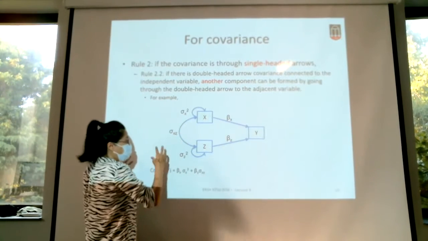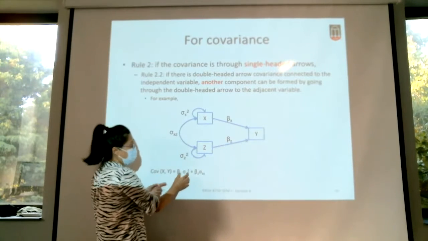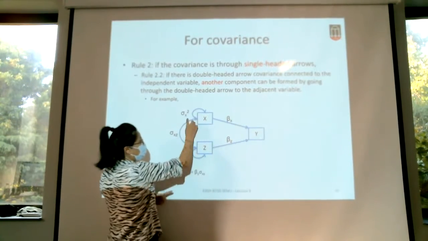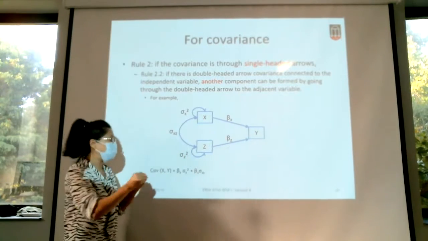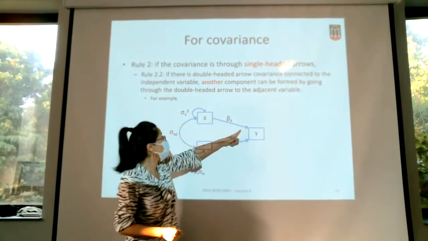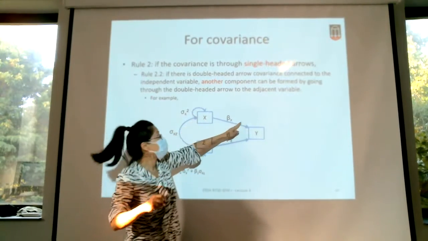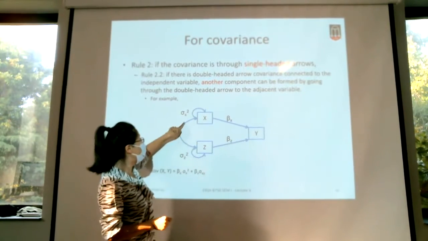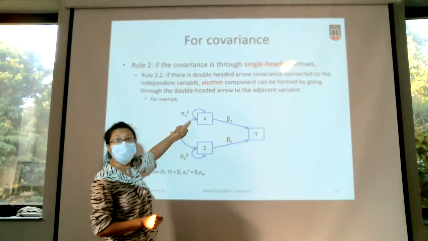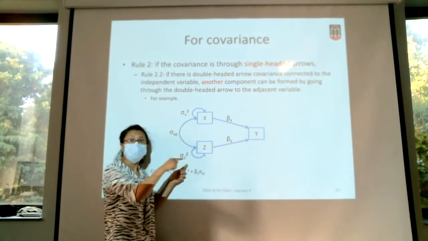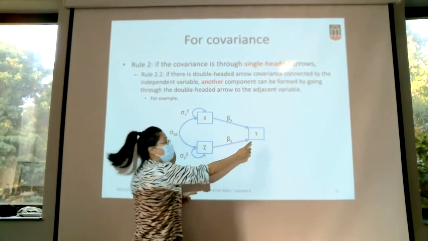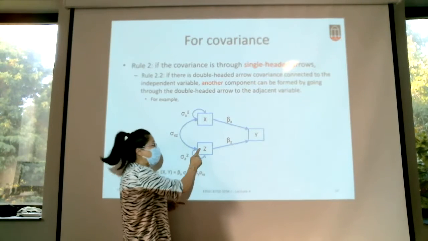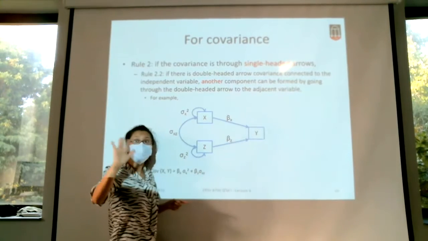So finally you have two components. This is one part, and this is another part. For each component here, you use a double-headed arrow once. For this component, just use this double-headed arrow. For this component, you just use this double-headed arrow. You cannot do this. Look at me. You cannot start from y, go to z, double-headed, and then go to x. No, that's not allowed.